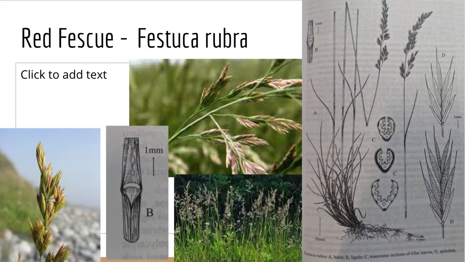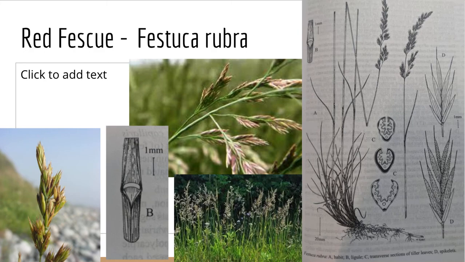Red fescue, or Festuca rubra, is loosely or densely tufted with rhizomes, or sometimes without, because it's so close together. It grows up to 100 centimetres tall and has very narrow bristle-like leaves, and can be found on chalk and limestone grasslands, in heaths, salt marshes, sand dunes, sea cliffs, hills and mountain pasture, as well as rock ledges.